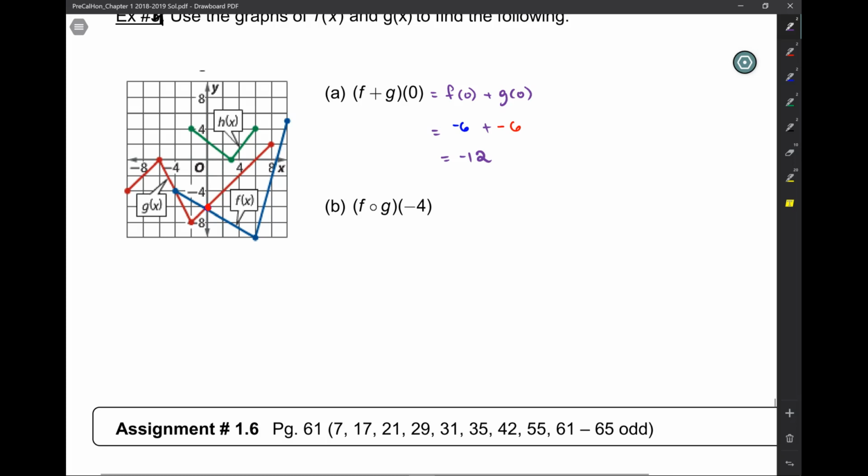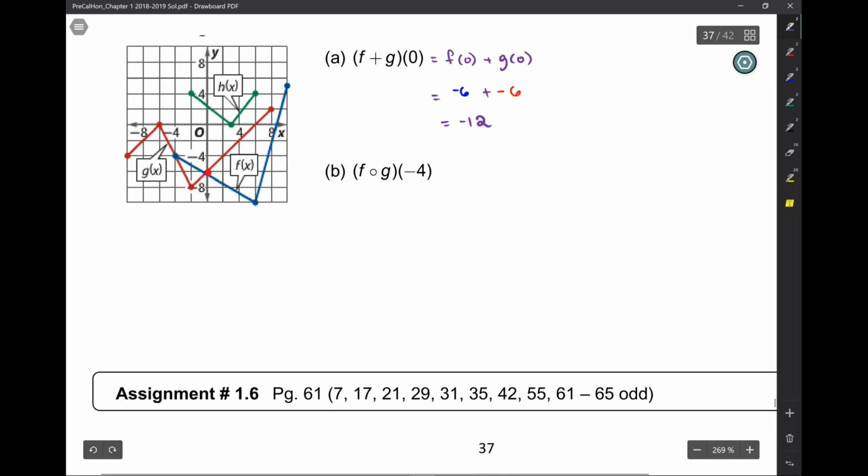Okay? Now, the next one, again, let's write it in the notation that we're used to. f of g of -4, right? Now, remember we're going to start with g of -4. So what's g of -4? That's the red one. g of -4 is -4.